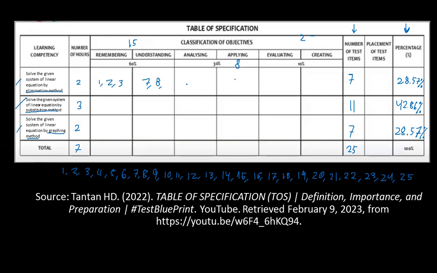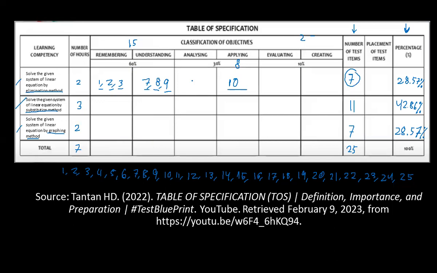Wait lang. This would be just 9 dito sa understanding. 9, tapos lagay ko dito si 10. Ayan. There you go. So, ilan kaya sila? 1, 2, 3, 4, 5, 6, 7. So, that means 7 items total. So, okay na yun. Okay?